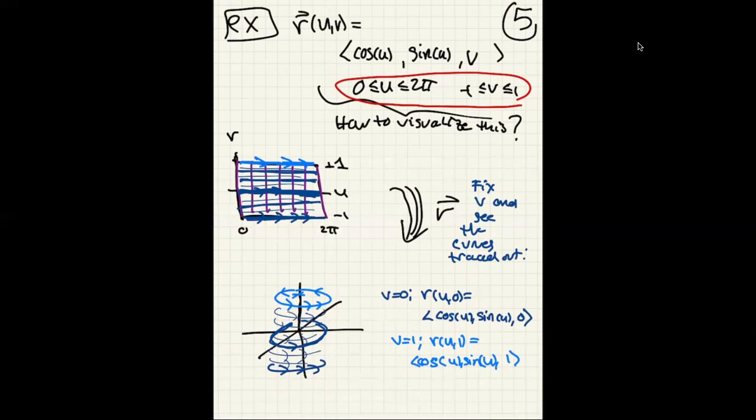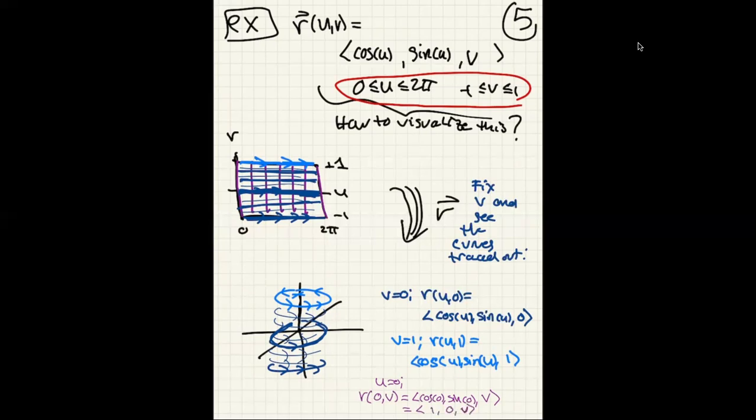And you can even check if I fix things the other way. Let's do u equals 0. I'll be feeding in just v's, so I'm looking at r of 0 comma v, and this gives me cosine of 0, sine of 0, and my v ranges freely. This is 1 comma 0 comma v.